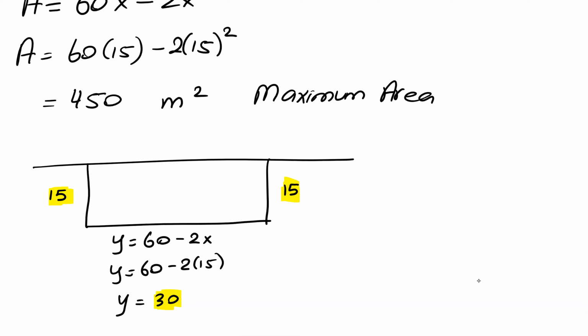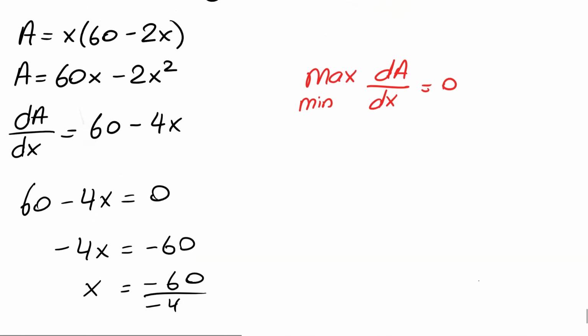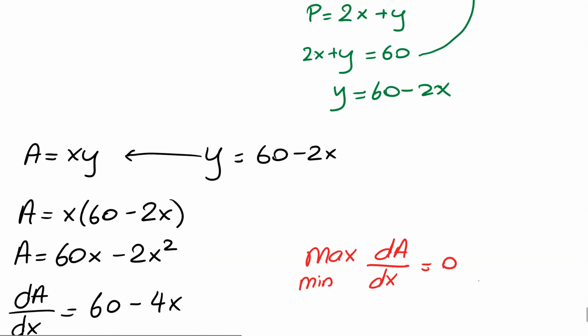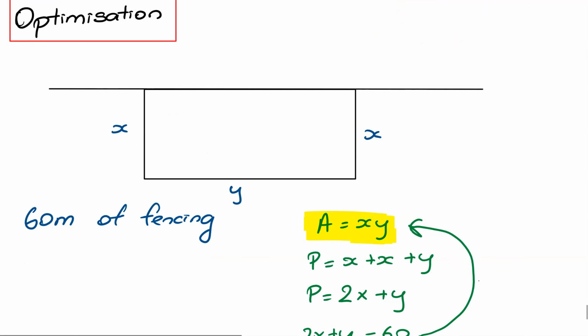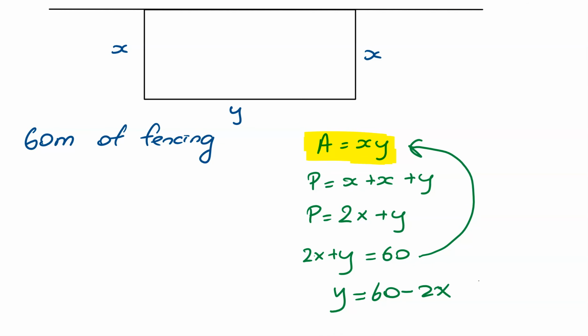So that's how we solve an optimization problem. This is just a real basic problem for optimization, where we found the maximum. But as we progress, we will look at other problems where we'll be given two values and we have to determine which one is our maximum or minimum. But those are the steps you will go through: you form a function, you might have to substitute in something to form that function so you have one variable.